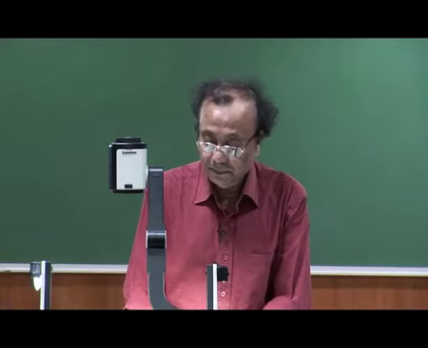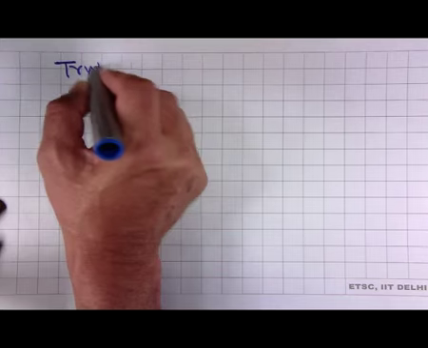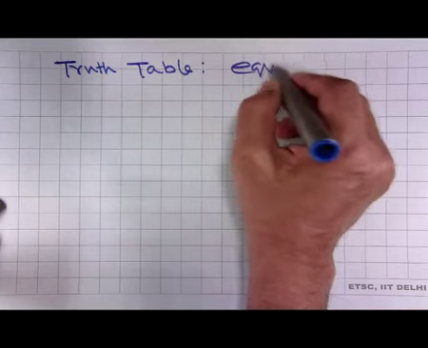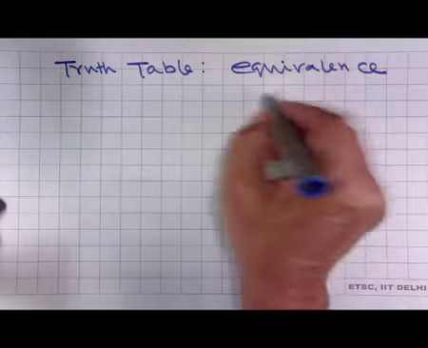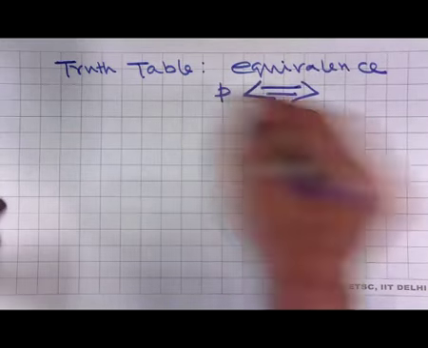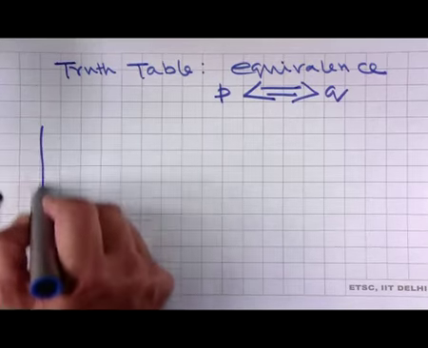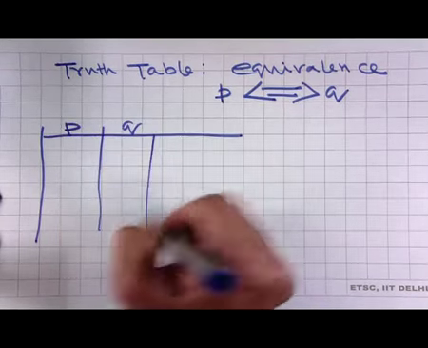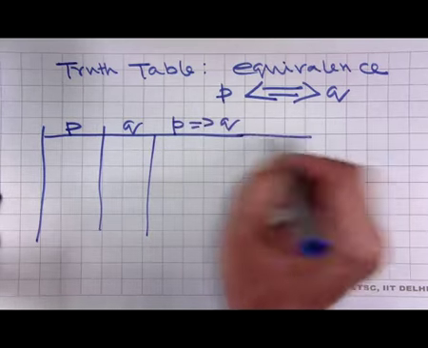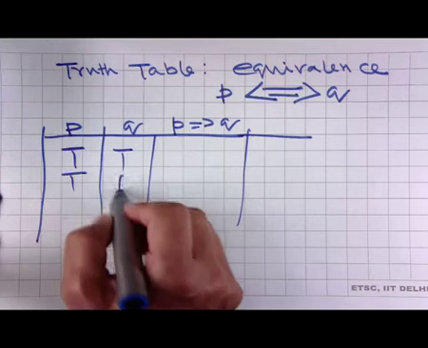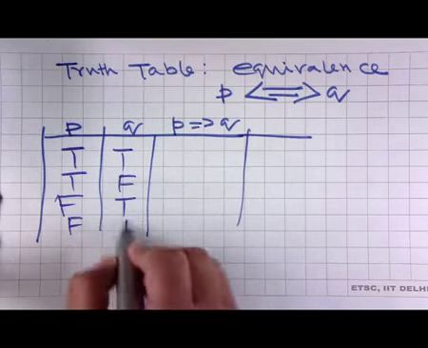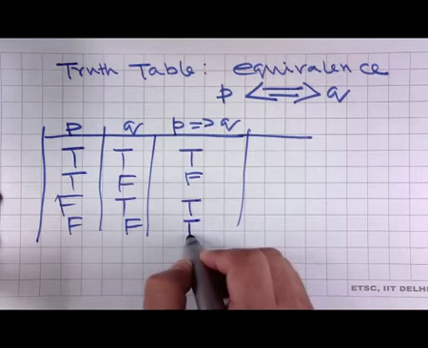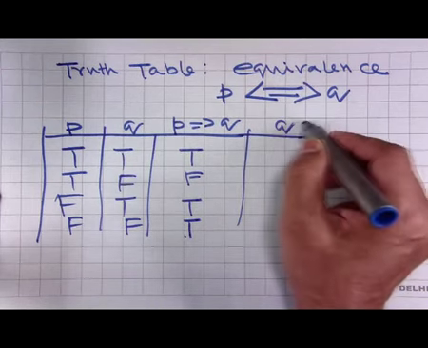So, what will be the truth table? The symbol for equivalence is P is equivalent to Q, or P is implied and implies by Q. Then we can write P, Q, P implies Q. So, T T, T F, F T, F F, this is going to be T, F, T, T. What is going to be Q implies P?